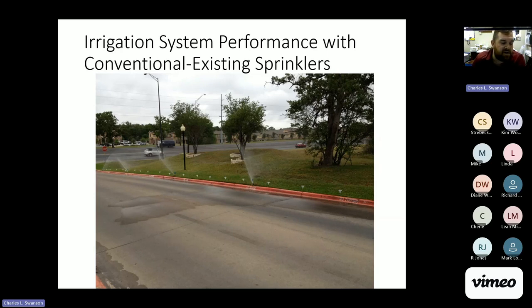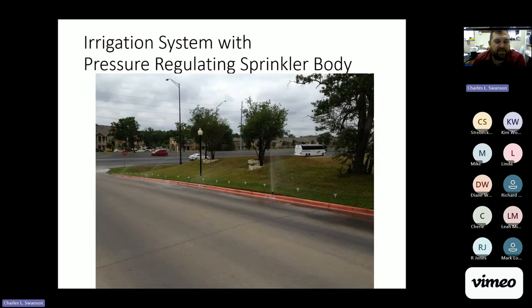We can see that misting occurring at the sprinkler heads. Well, we tested the system, and then we replaced those sprinkler heads with sprinkler heads that have built-in pressure regulation using the same nozzle. And when we turn that system back on again, we get much cleaner streams of water coming out of those sprinklers. We can observe that between the two photos.